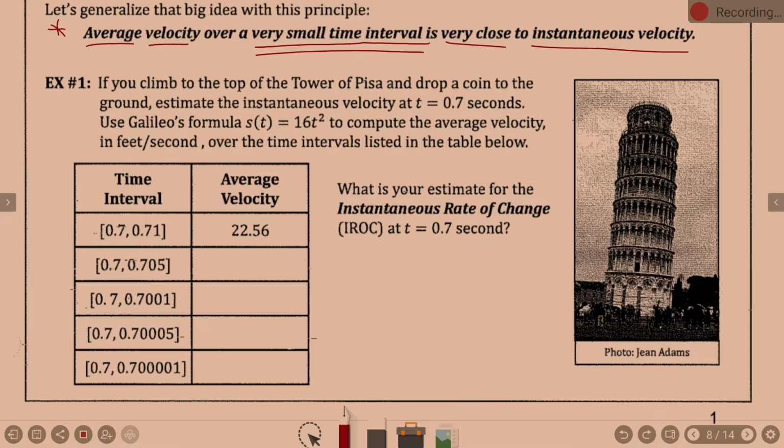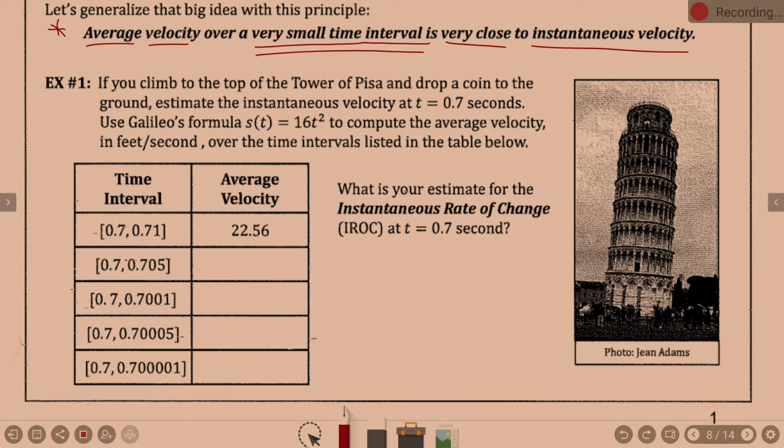So what are we going to be doing here? Plugging in numbers? Doing what? How? Yeah. Okay, so we have Galileo's formula here, and that is your S of t, 16t squared.